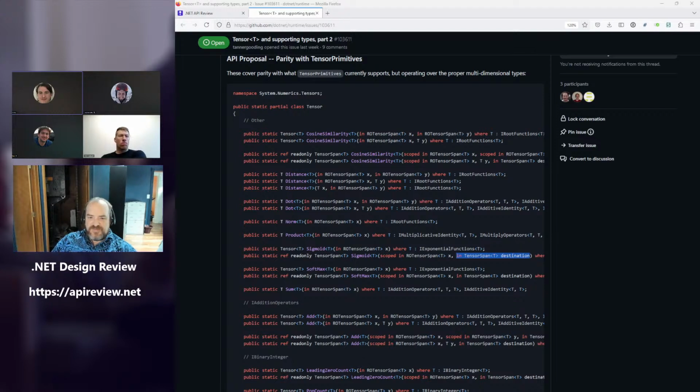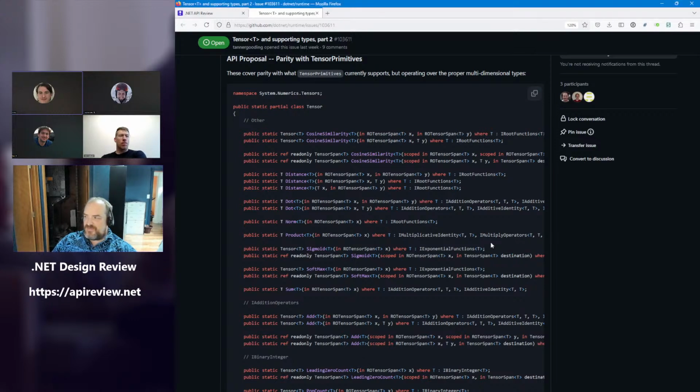The reason that they take in is because read-only tensor span and tensor span, in order to be allocation free, are large structs. So they are the specialized scenario where they are effectively a 112 byte struct.